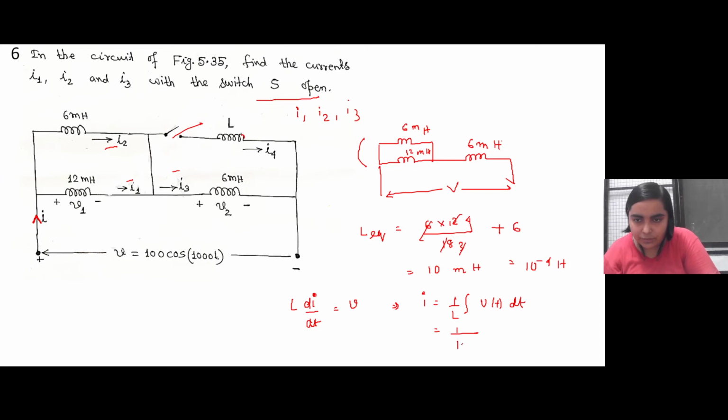So 10 to the power minus 4, integration of 100 cos 1000 t dt, right? Sorry, this won't be minus 4, this is minus 2 because it is 10 millihenry, right? So integration of cos theta, you know what it is.